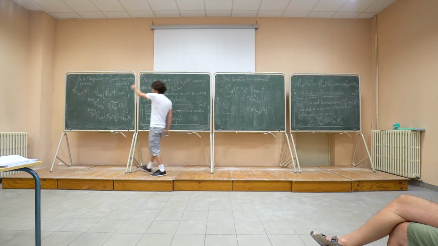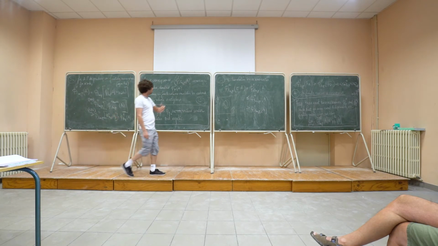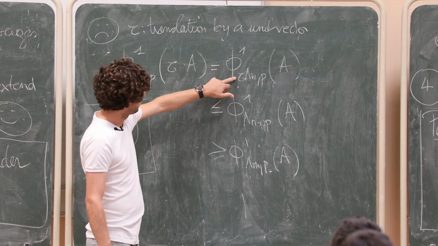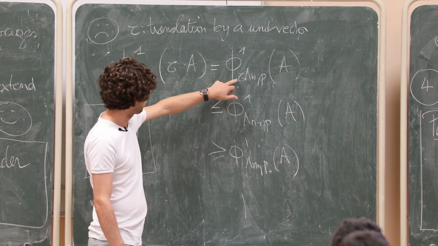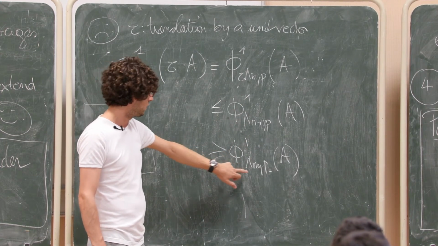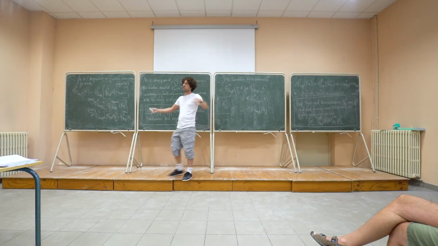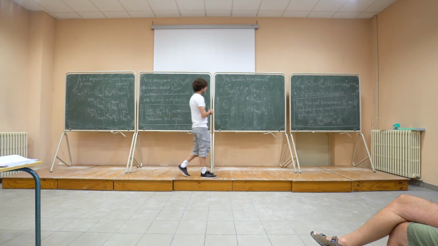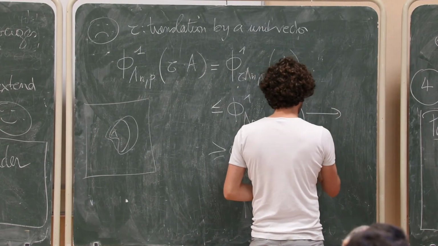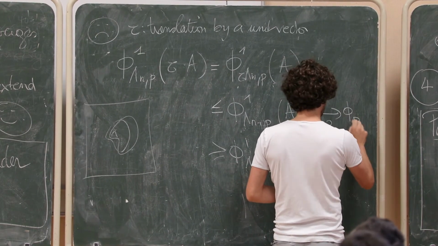If I would have done that with a one boundary condition, I would have had that the probability here is smaller or equal to the probability here, because this is a smaller graph, and the probability here is larger or equal to the probability here, because this is a bigger graph. The farther the one boundary condition, the smaller your probability. It's exactly the opposite of the free one. Okay, but both things converge as n tends to infinity to phi 1 p of A.